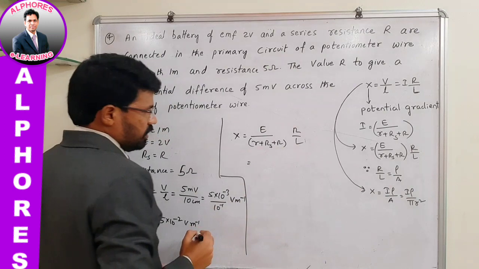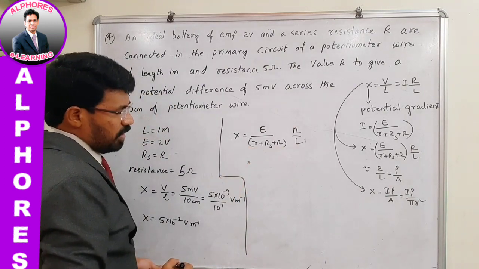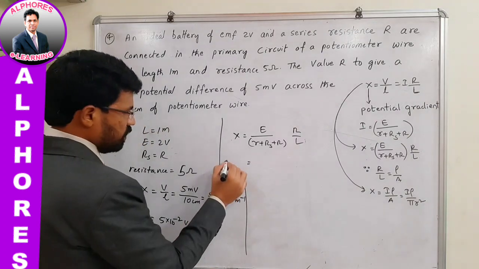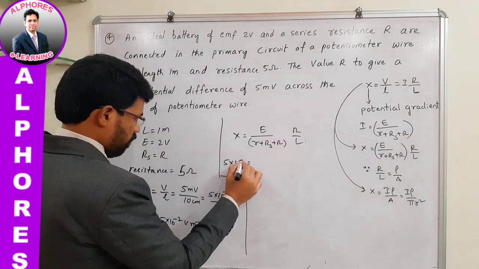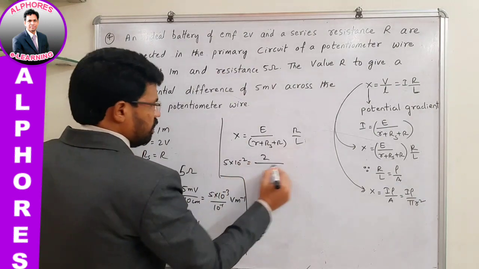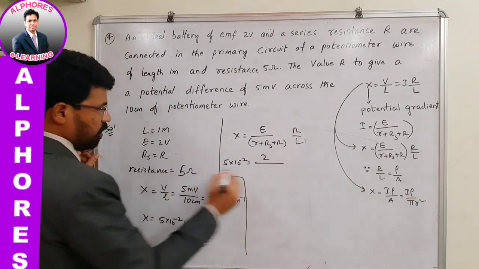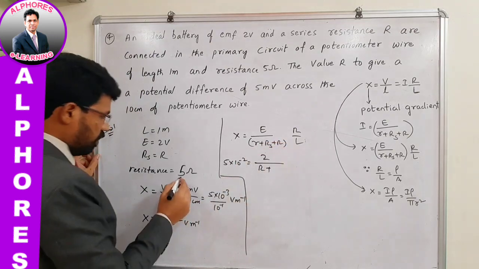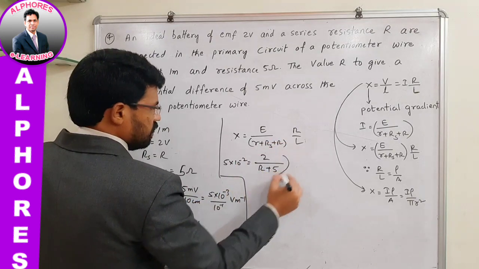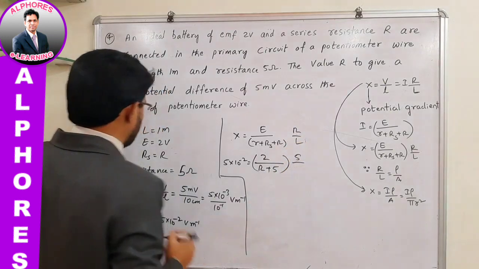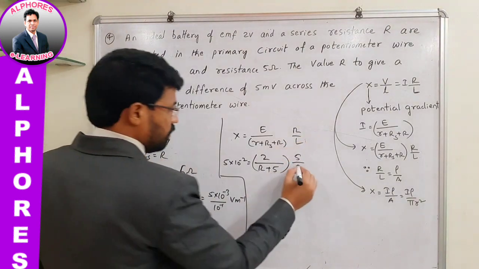Since this cell is an ideal cell, internal resistance is 0. The X value we have just got is 5 into 10 power minus 2, and the E value is already given, 2 volts, divided by RS. RS is equal to R plus the potentiometer wire's resistance, 5 ohms, into 5 ohms divided by the length of the potentiometer wire, 1.